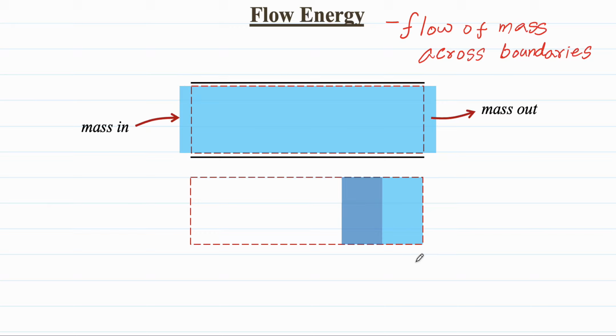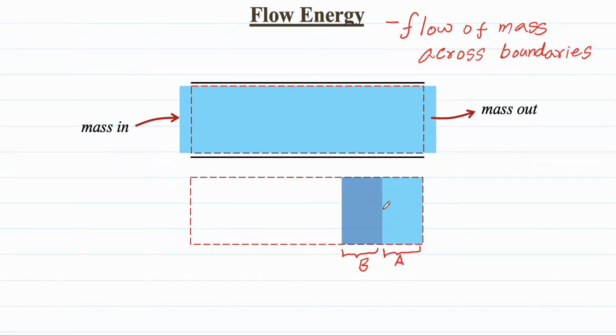To understand the flow energy better, if we take two sections, section A and B, of the gas that is flowing through a steady flow system, the displacing mass must do work on the mass being displaced.